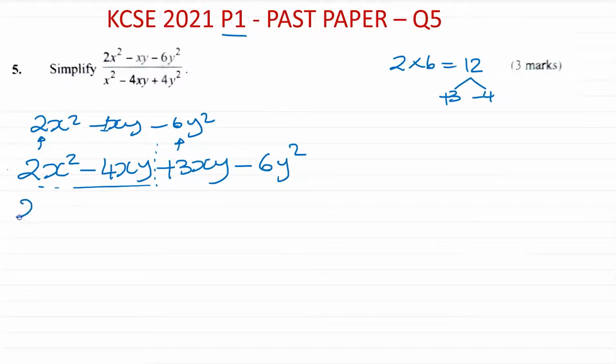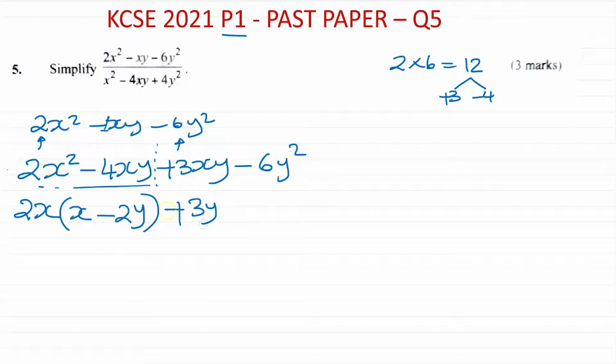2x is common here, so that's going to give you 2x, and then inside you're going to have x minus, I need a 2 to get a 4, and I need my y. Over here I have a plus, and what's common here is a 3 and y. So I'm going to have 3y outside, and then x here to give me 3xy.